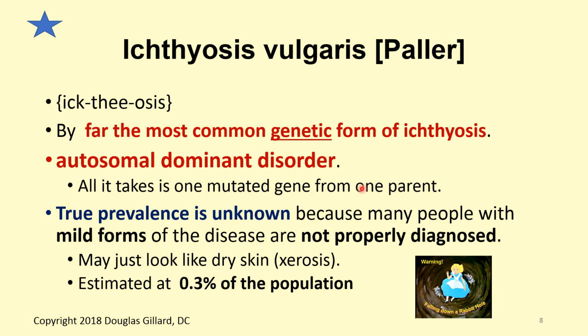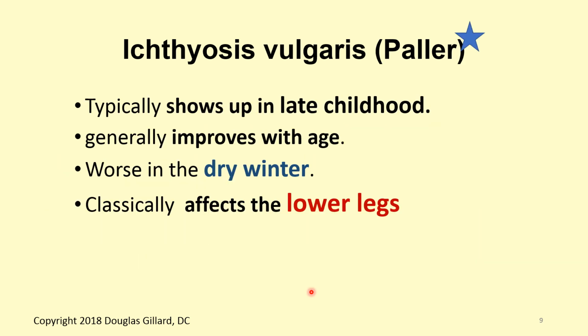The true prevalence is not known because many people have milder forms and never bother to see a dermatologist. But it's estimated at about 0.3% of the population, so not super common. More common than Marfan syndrome though, which is 0.01%.